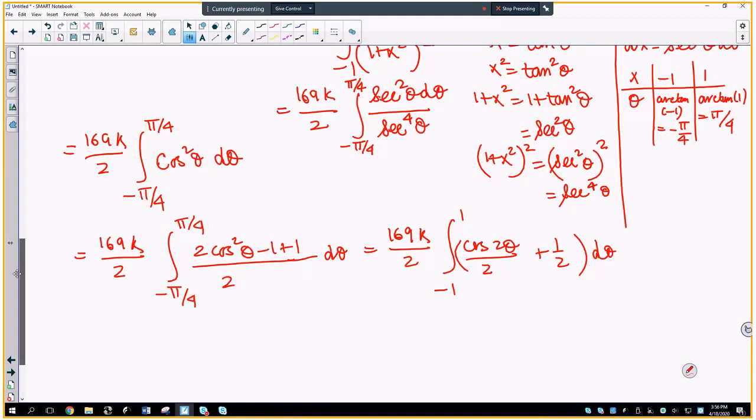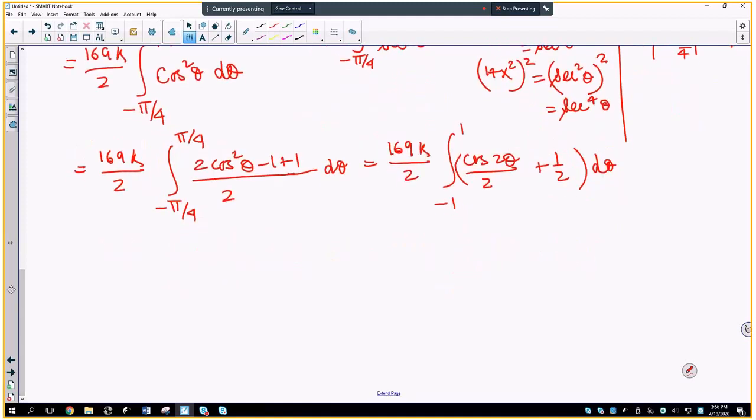So what I get is that should be equal to 169k over 2 integration, or let's actually do the antiderivative. So I will get this 2 on the cosine theta over 2, that 2 multiplied with this one. So we'll get 169k over 4, and then I will get sine 2 theta, that's the antiderivative of cosine 2 theta, over 2. That's 1 more 2.